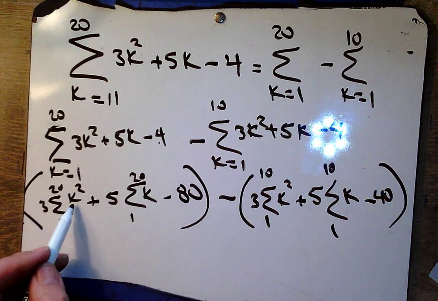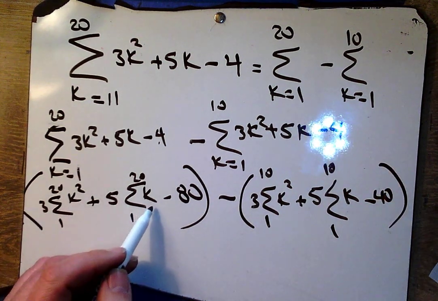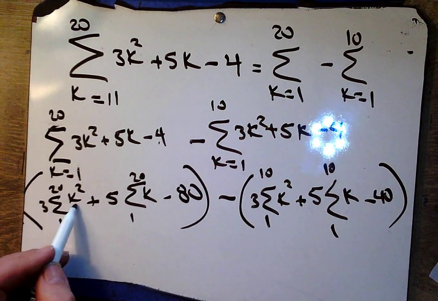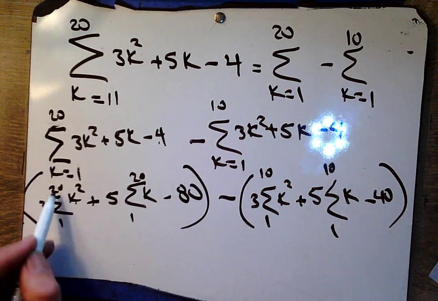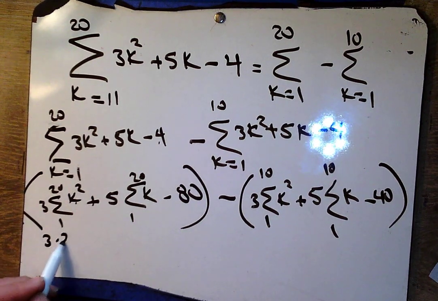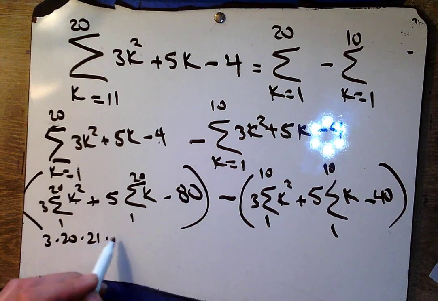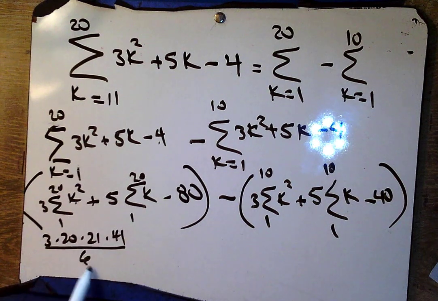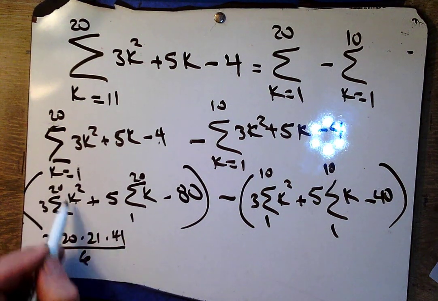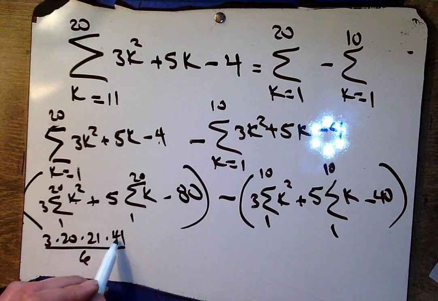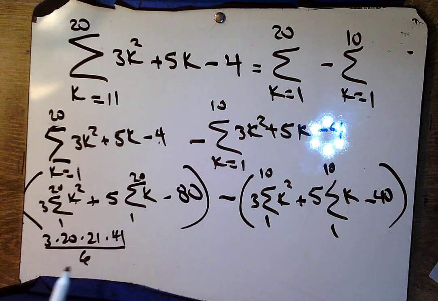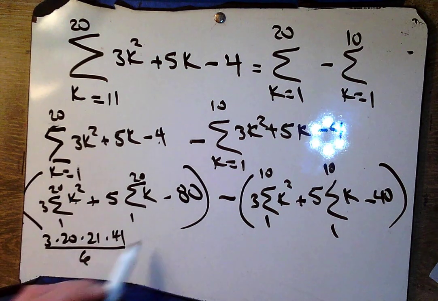So let's use our k squared shortcut and our k shortcut now. K squared was n plus 1, 2n plus 1. 3 times 20 times 21 times 41 over 6. This is the other thing that students forget. Like they want to make this n plus 2 instead of 2n plus 1. And they want to make that a 2. It's not. It's a 6. This one, always a 6.